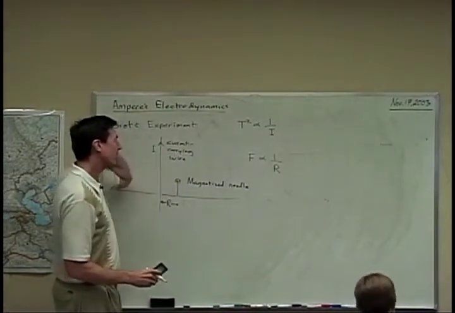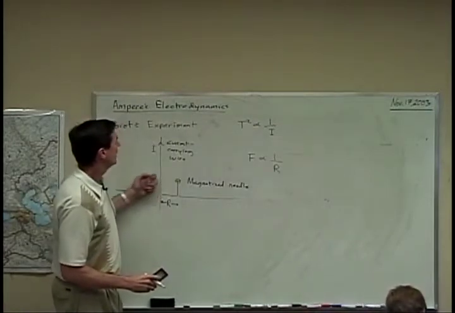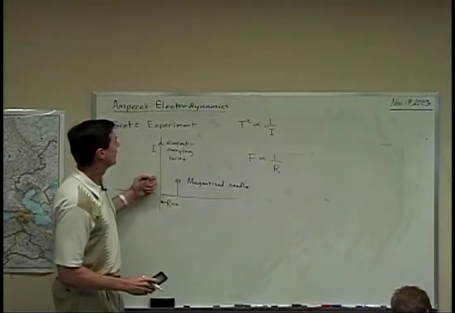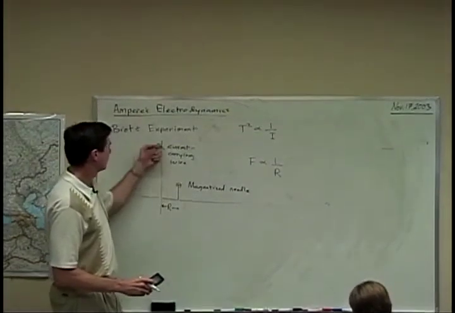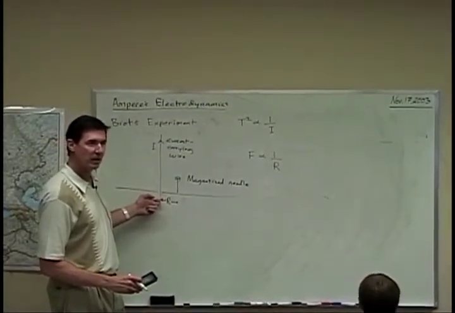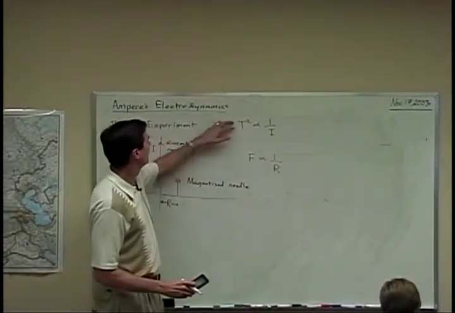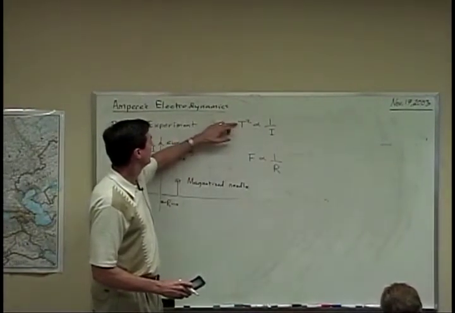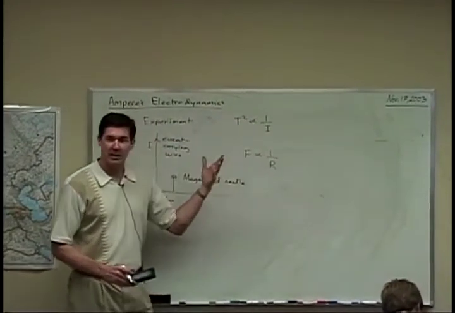In other words, let's say he quadruples the current, increases it by a factor of 4, then T will go in half.